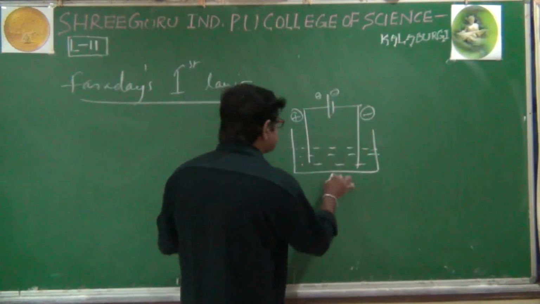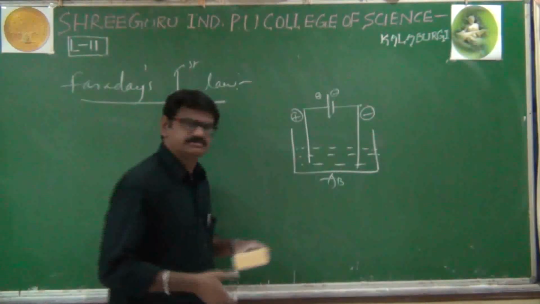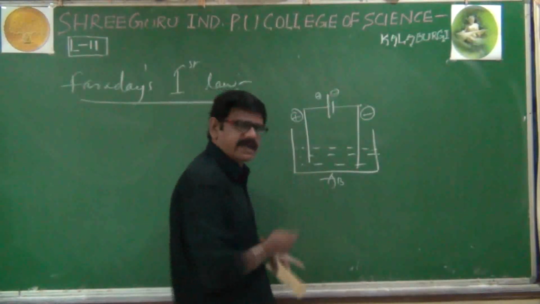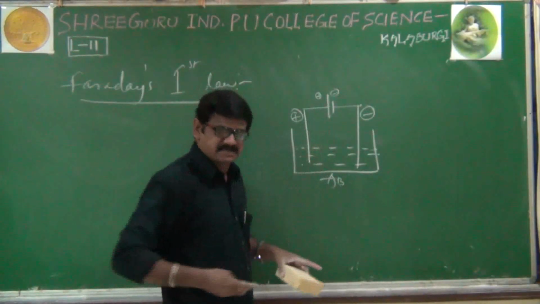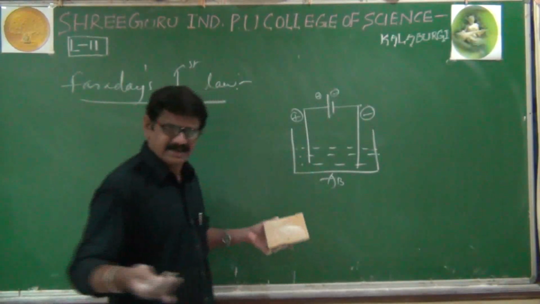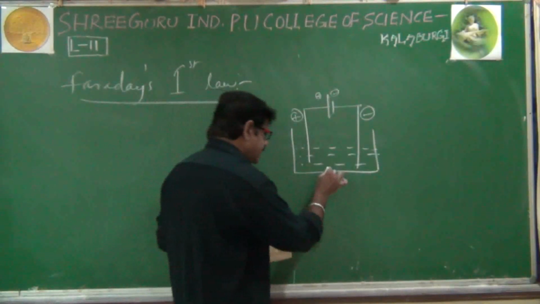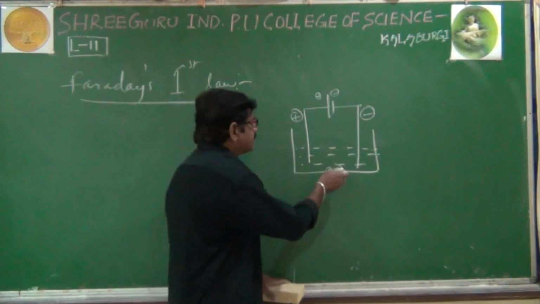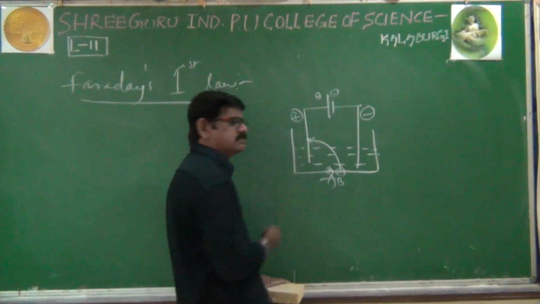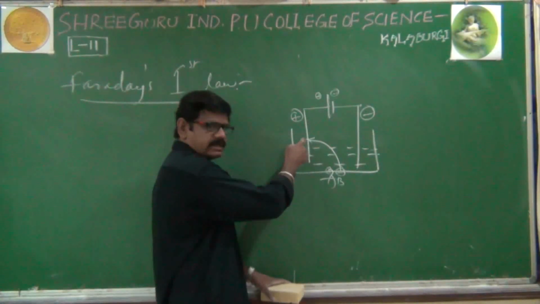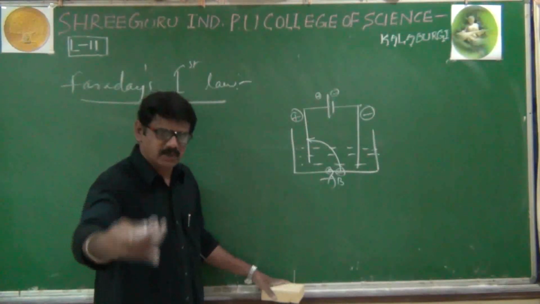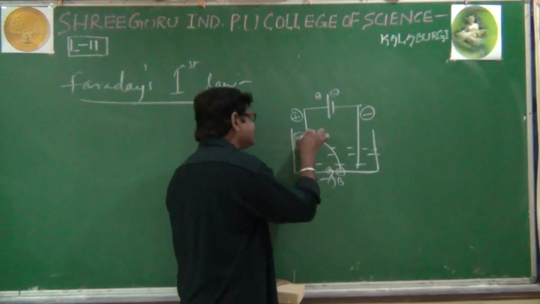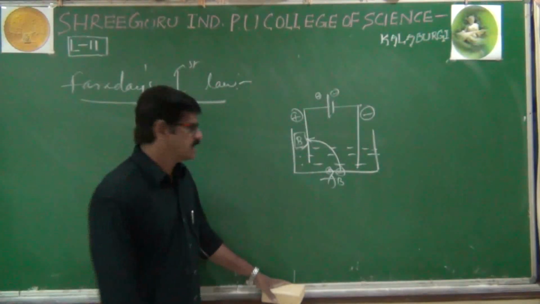Now an electrolyte, that is AB, has been taken. Now when current is passing, what happened? Electrolysis process takes place. What is electrolysis is already known to you. First of all, AB splits as A plus and B minus. B minus ions are moving towards the plus electrode, and after going to anode, they undergo discharging, and B is forming at anode.